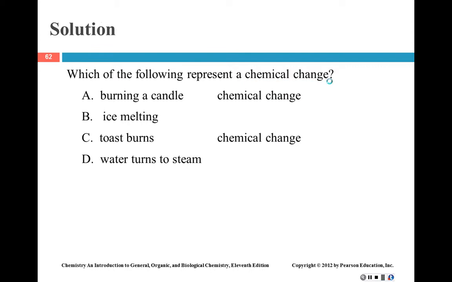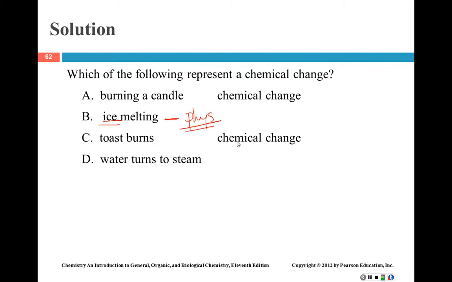Well, burning a candle, are you converting that to something other than what it was? Yes, you are. You are giving off smoke, which tells you that you're giving off something. Is ice melting? No, ice melting is a physical change, if you remember from an earlier chapter. A physical change is where it's still water, it's just in a different phase.